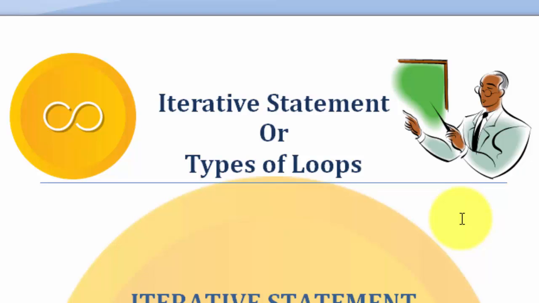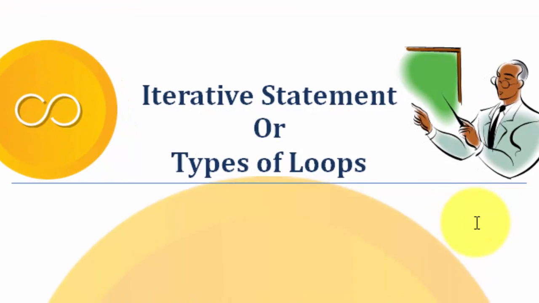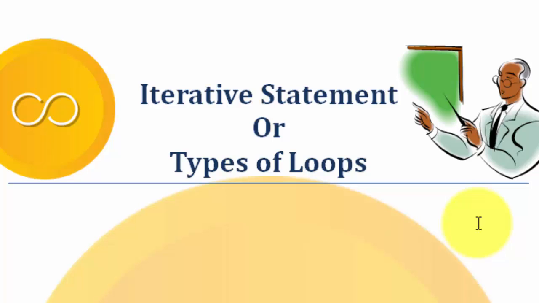Iteration statements are used to repeat the execution of a list of statements, depending on the value of an integer expression. I repeat, the iterative statements are used to repeat the execution of a list of statements depending on the value of an integer expression.